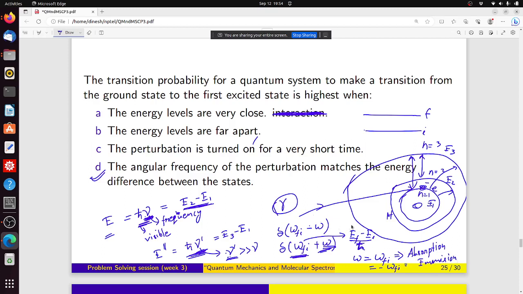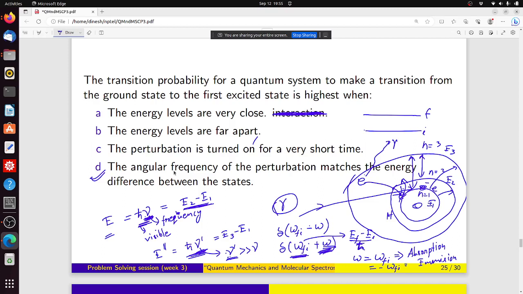If it absorbs that energy with this angular frequency, then it will move up. It is absorbing, right? Then the reverse can also happen. If it is emitting the photon, then it is losing energy, so it will come down.